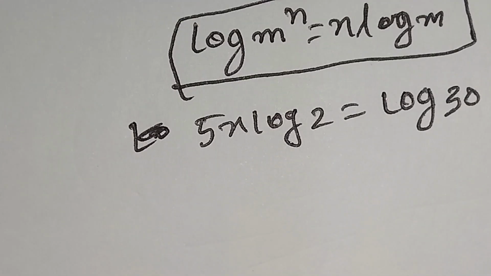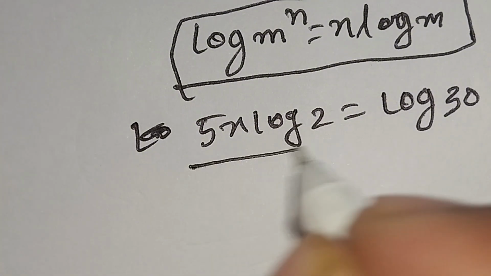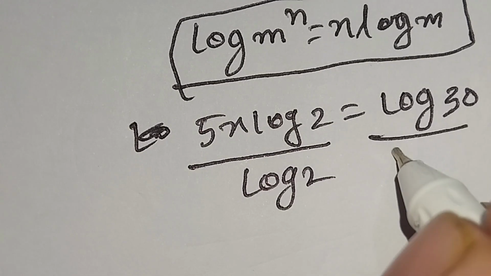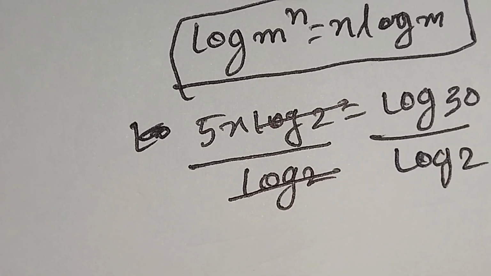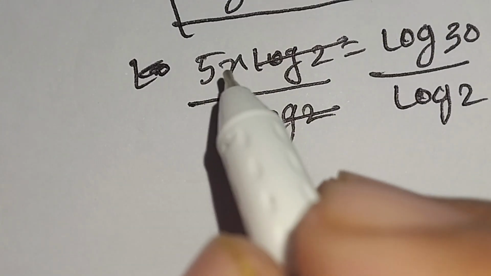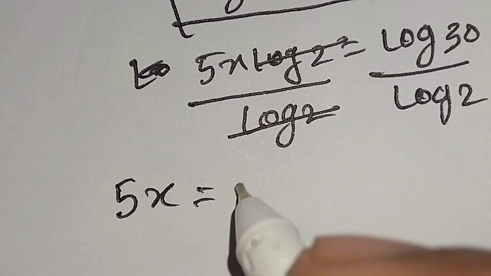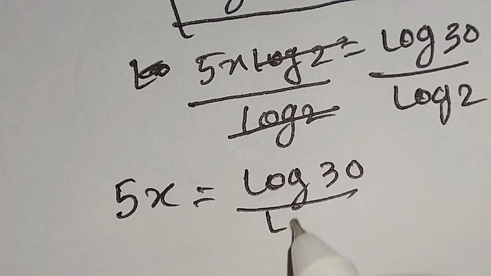Now we will divide both sides by log 2 to eliminate this log 2. So you can write here log 30 over log 2. Here this log 2 cancels out. Here 5x is equal to log 30 over log 2.